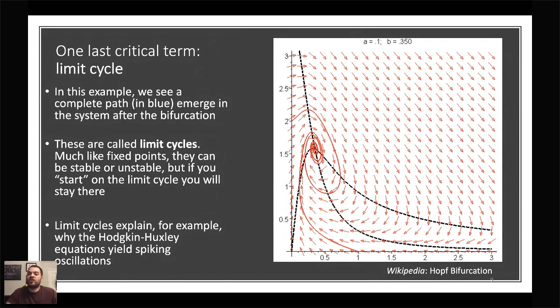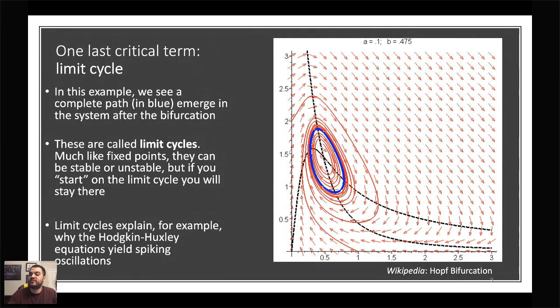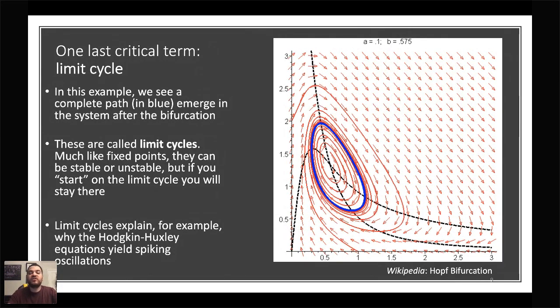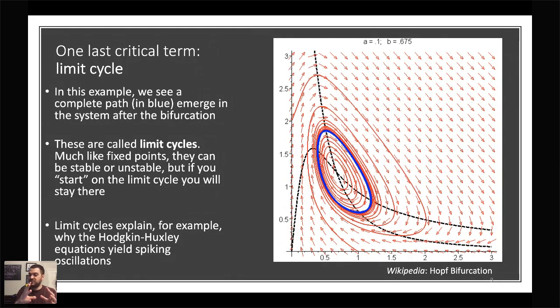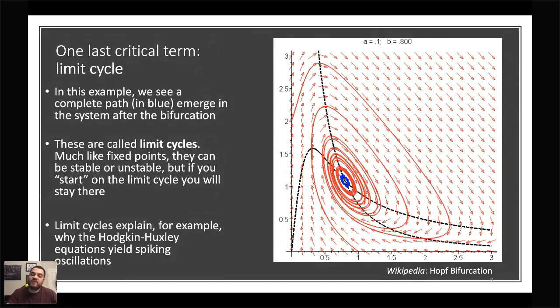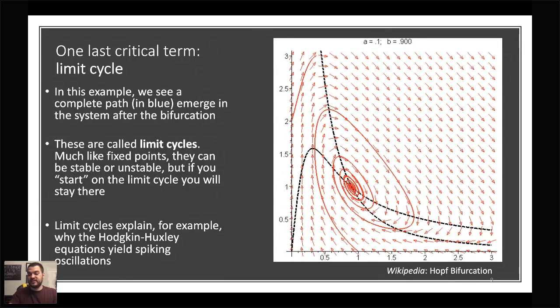So limit cycles are closed loops that can arise out of the dynamics of a differential equation. And much like fixed points, they can be either stable or unstable. They can either attract everything to it or repel everything away from it. And also much like a fixed point, if you start on that limit cycle, you'll stay on that limit cycle forever.